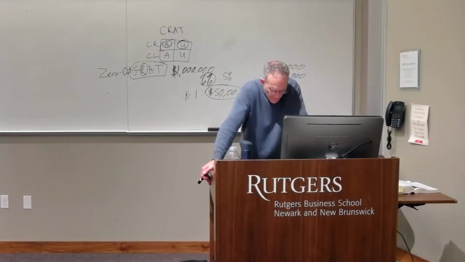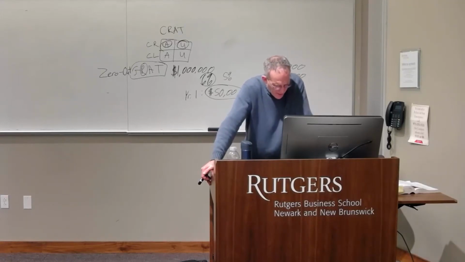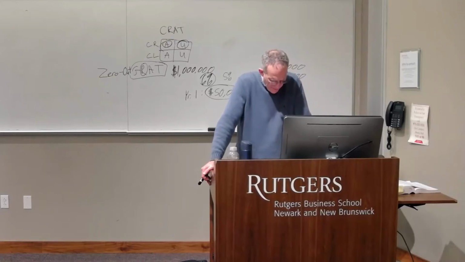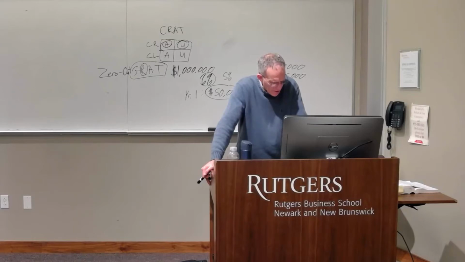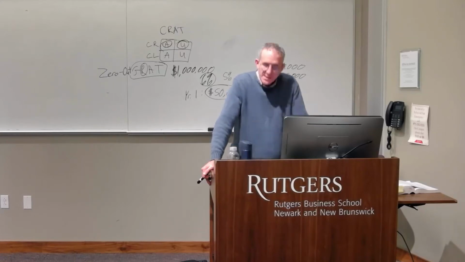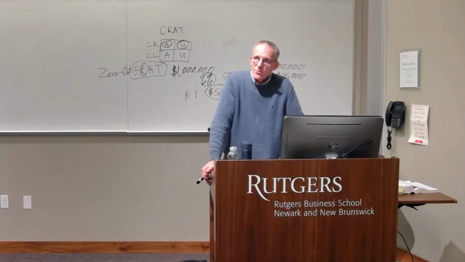Question G1. What is the 5% probability test discussed in this revenue ruling 77-374? There must be a 5% probability that charity will receive something. And I point out again, this is only in the context of a CRAT, not a CRUT.